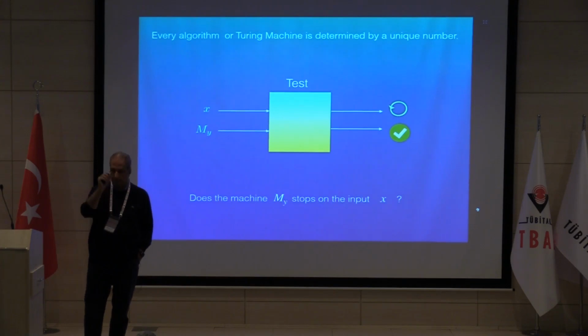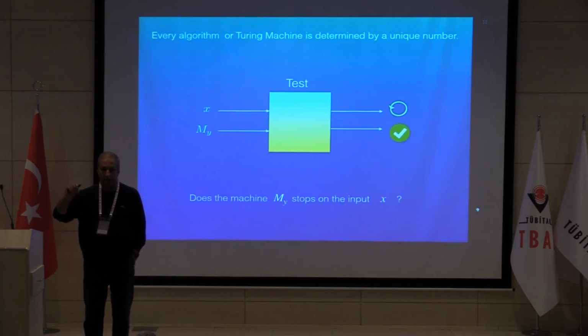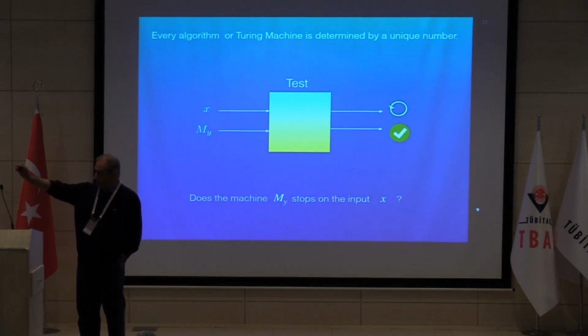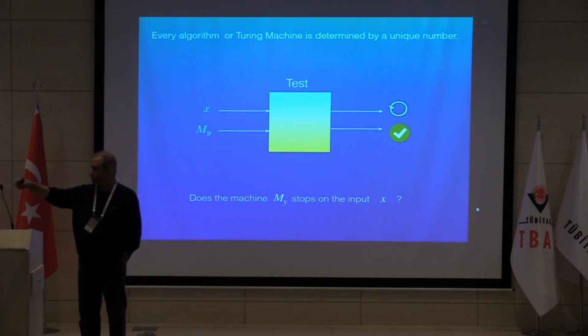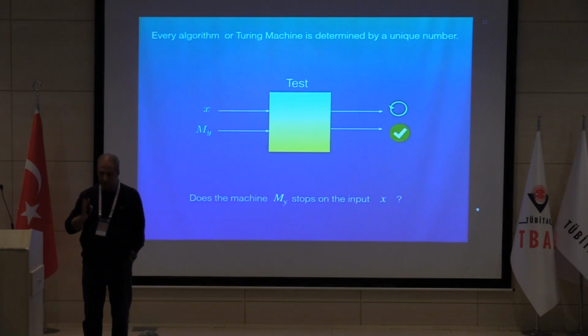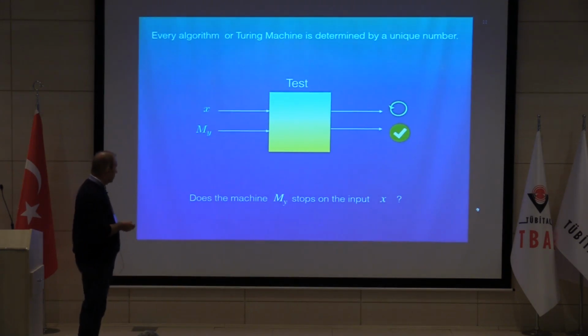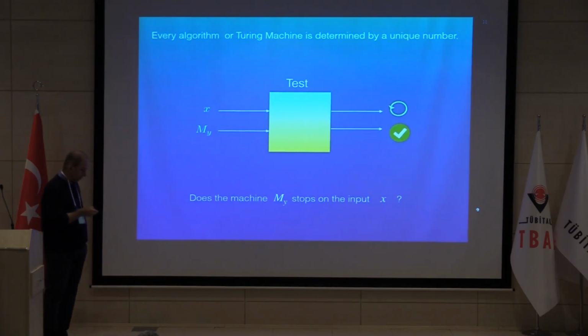Maybe you make a Turing machine which is very complicated, and it is the Turing machine number y. Y has 10,000 digits, 1 billion digits. But in principle it's possible. This is the basic part of the Turing proof.